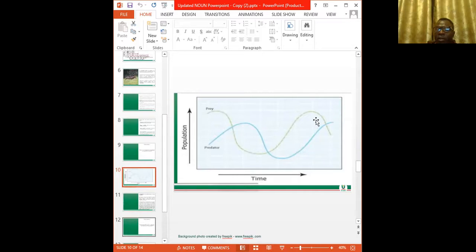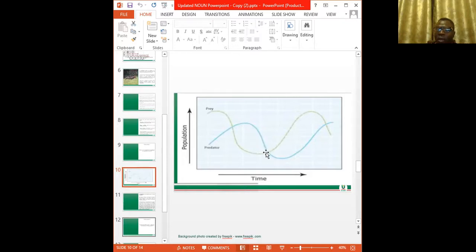What is a typical experiment that was taken, and as the population of the prey decreases, you can see that the population of the predator gets to a point where it also declines gently. Why? Because the prey to be fed on are not available.